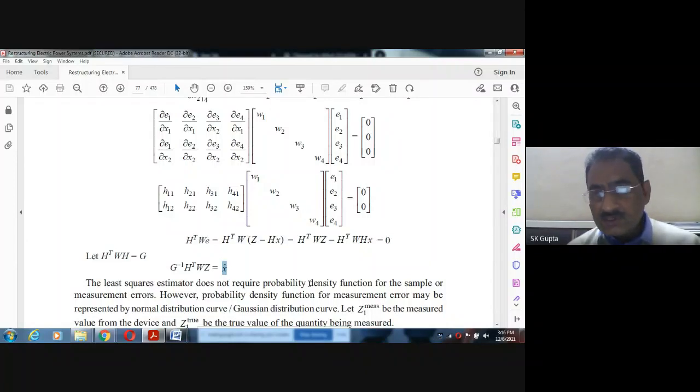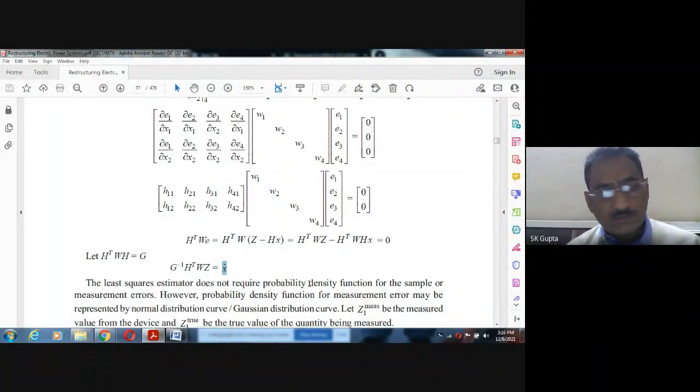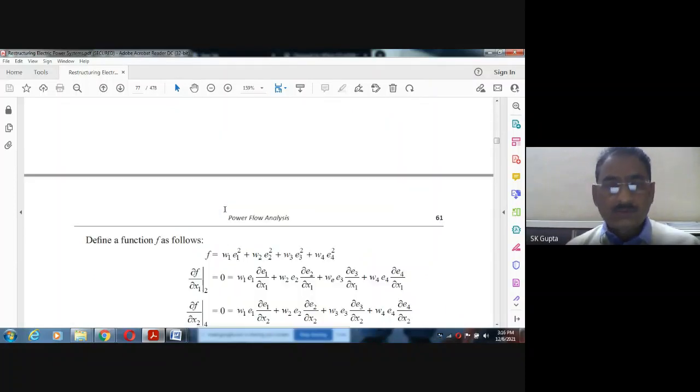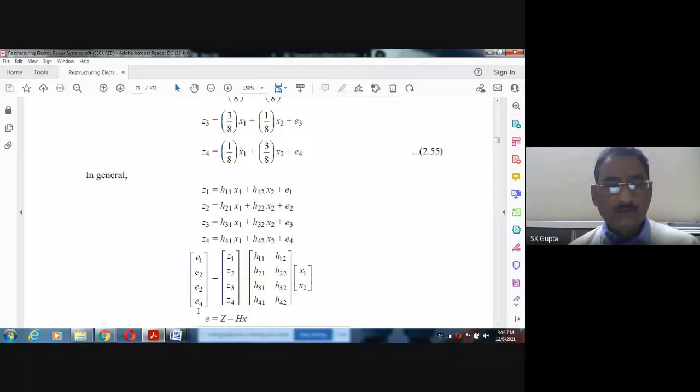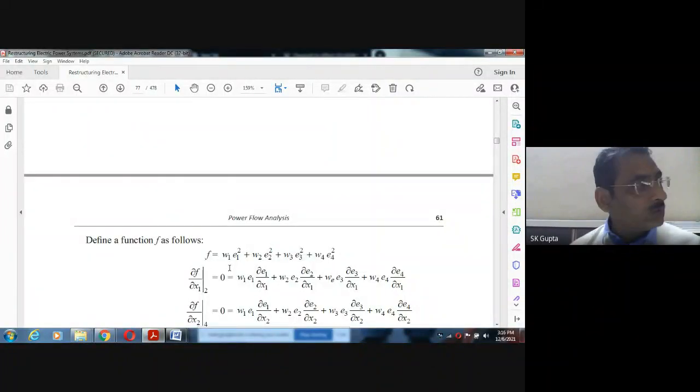The first measurement is taken 10 times, the second 10 times, the third 10 times, and so on. So Z1, Z2, Z3, Z4 are all measured multiple times, for further improving our results, because it is very important to estimate the system.